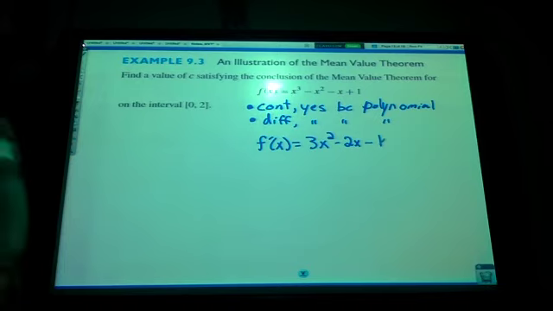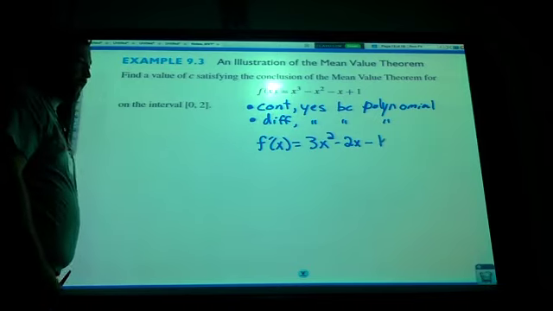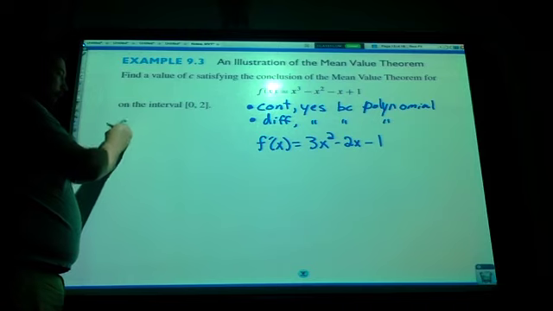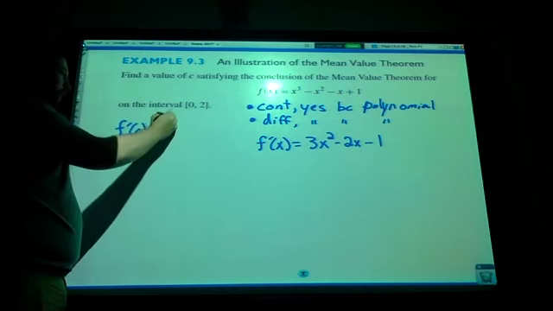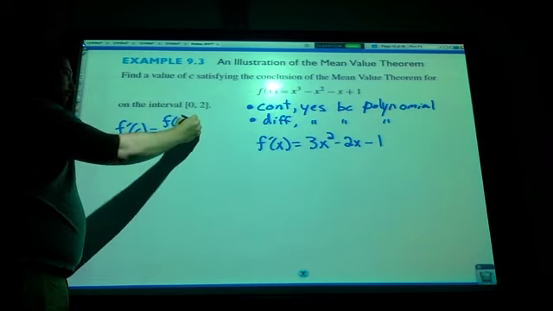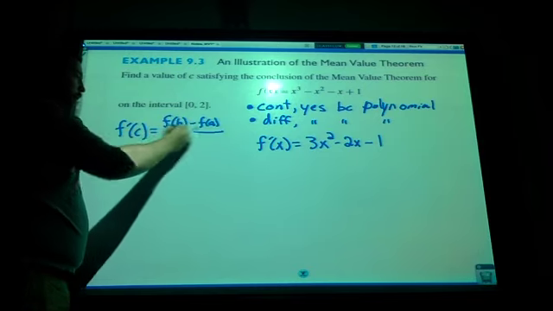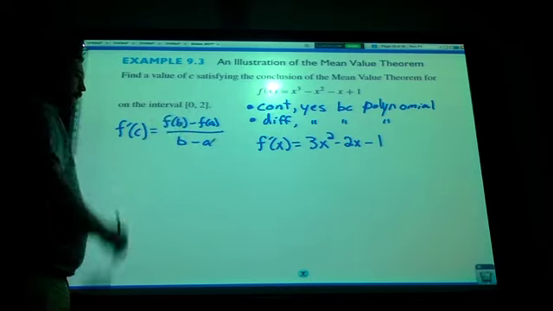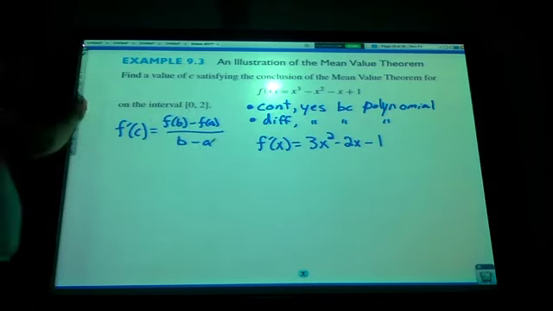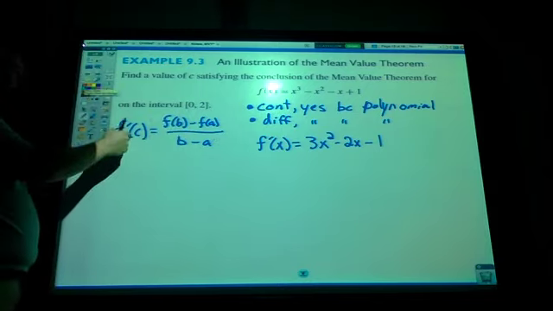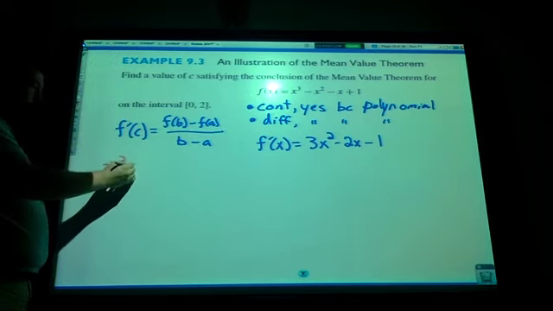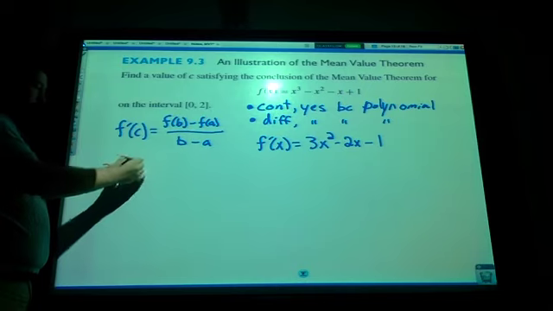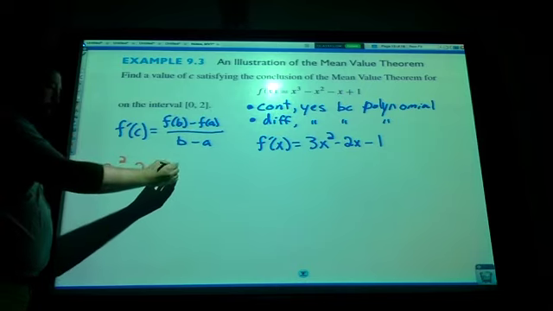All right, and then we need to set this derivative evaluated at c. Because remember, the then part of the mean value theorem was that f prime of c is equal to f of b minus f of a over b minus a. So we need to say f prime of c, so basically rewrite your derivative, but put a c in there: 3c squared minus 2c minus 1.